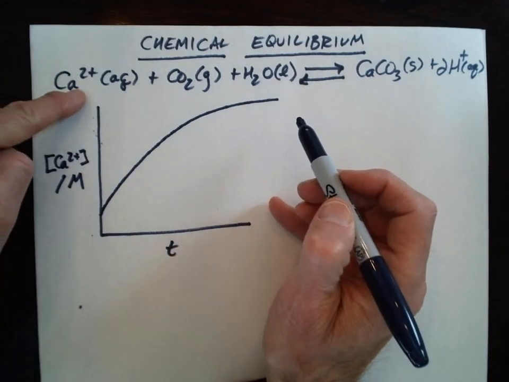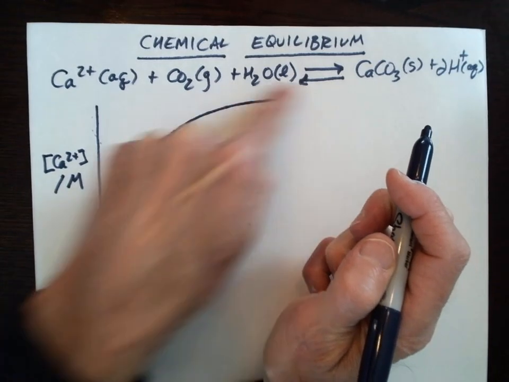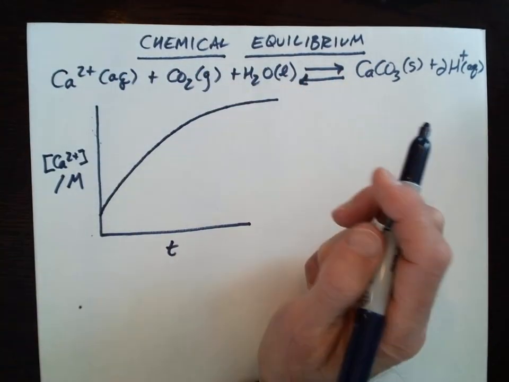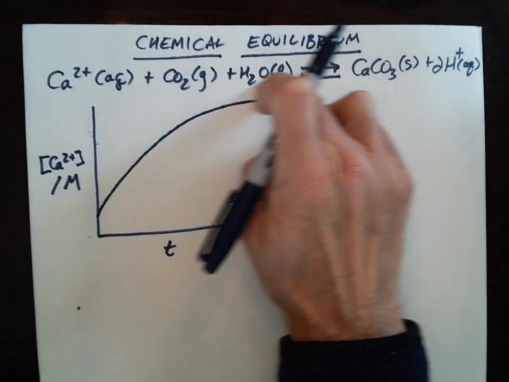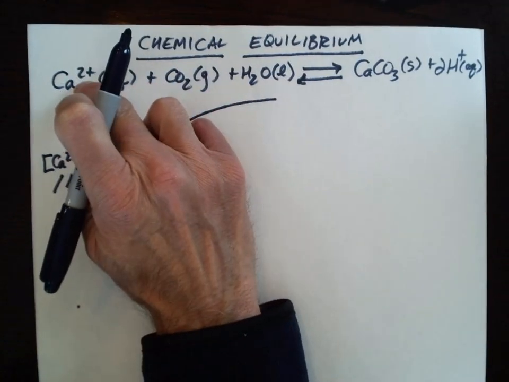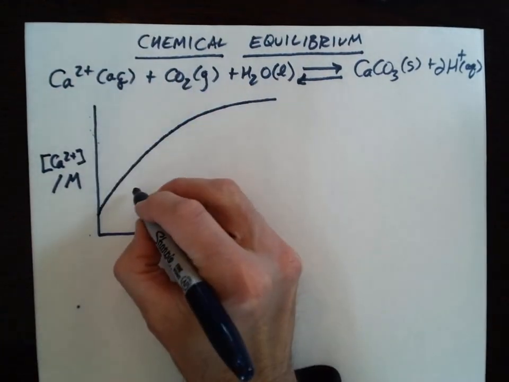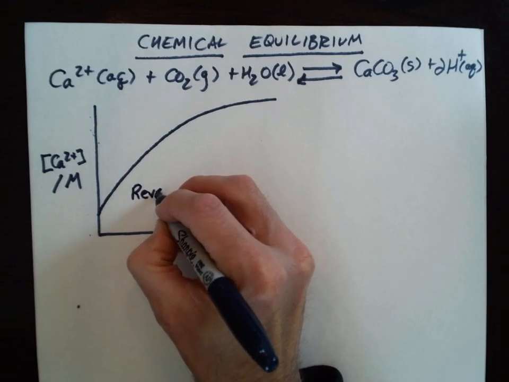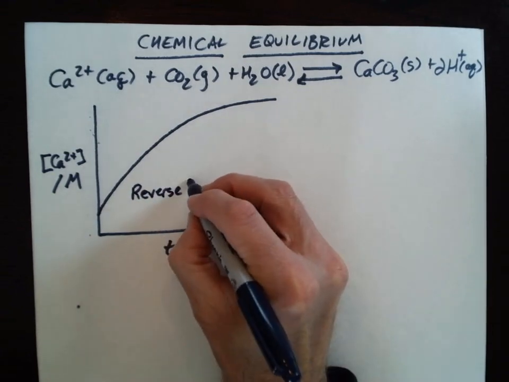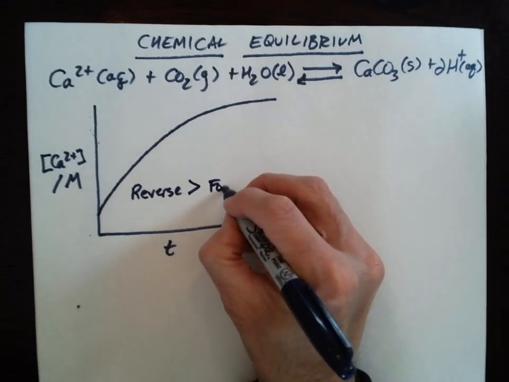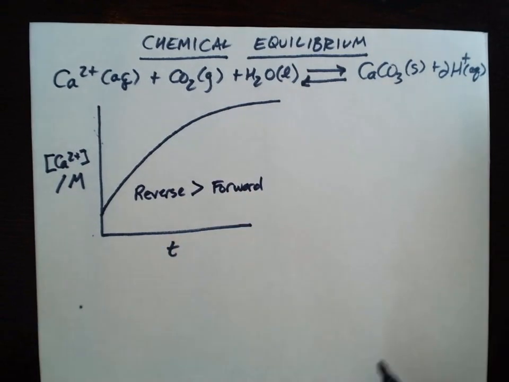That must mean this isn't happening to a greater extent because this means it's losing calcium ion. This would mean that this reaction is happening to a faster extent. So this would represent the case where the reverse reaction was going more quickly than the forward reaction.